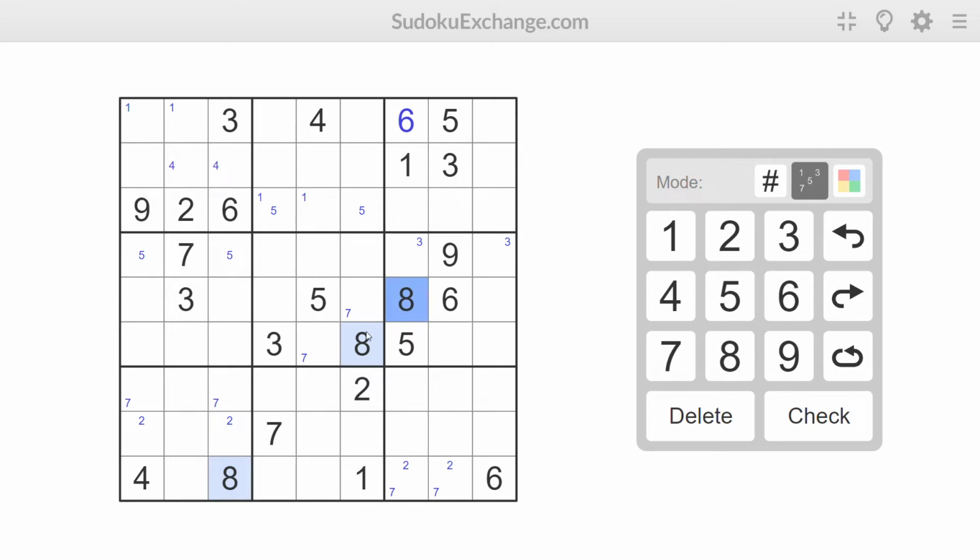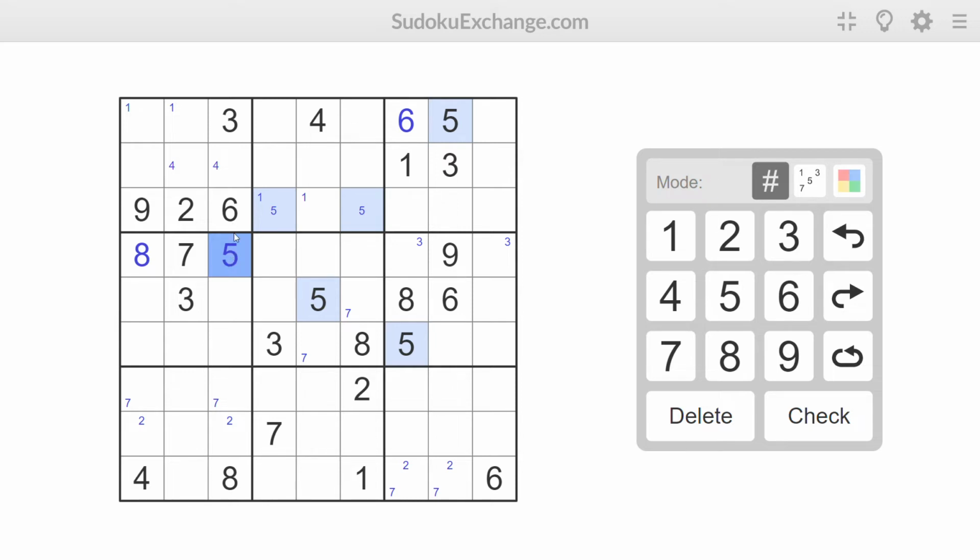Eight. An 8 here would leave us just these two spots to put in 8 candidates, but we've already got an 8 here, so you can eliminate this 8 here and put a definite 8 here, which leaves this spot for a 5.